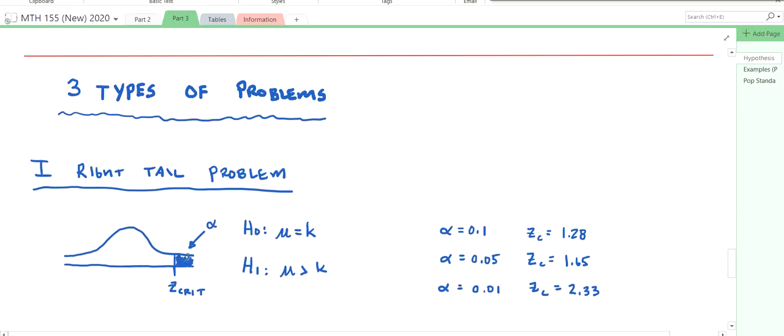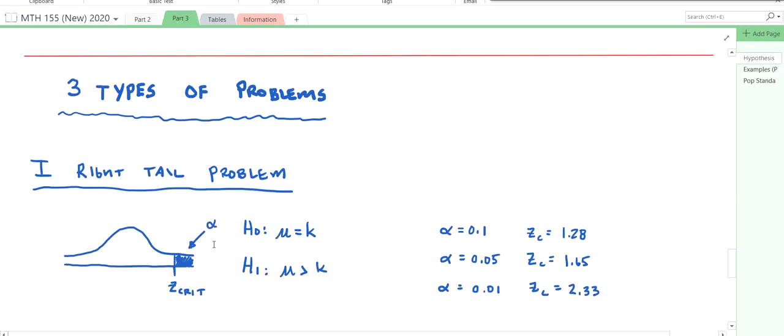So when your critical area is to the right, the right tail of the distribution, you're going to have a null hypothesis and an alternate hypothesis. In every one of these types of problems, the null hypothesis is always that the mean equals some constant value k.